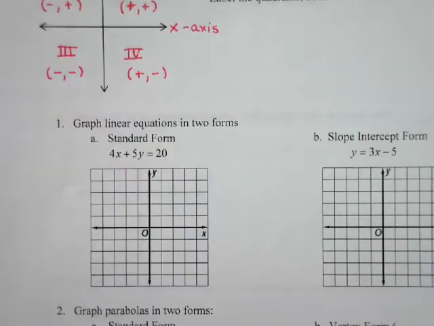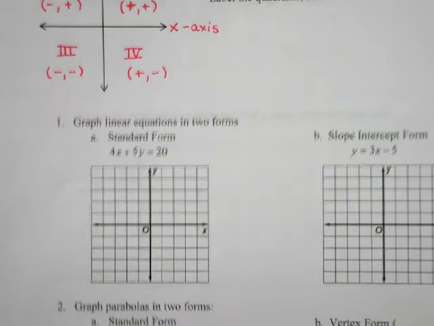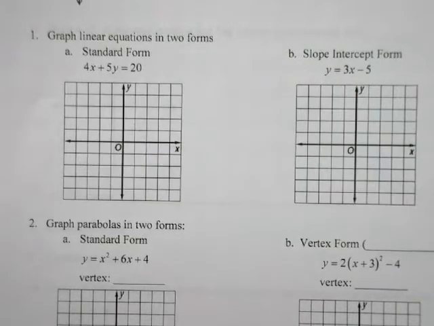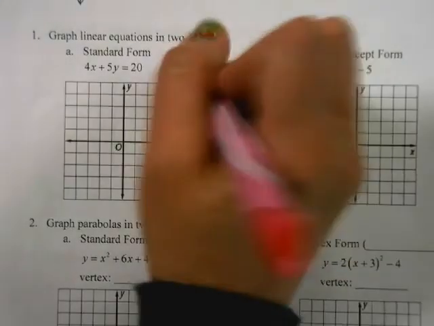All right, so number 1 there says, can you graph a line? Let's just have a refresher. There are 2 forms here. The first one is standard form. We could rearrange this, but it works out nice if I graph it with its intercepts. I called it the cover-up.